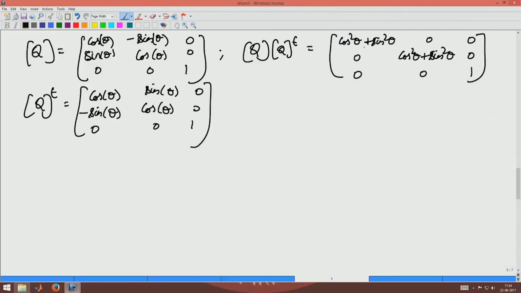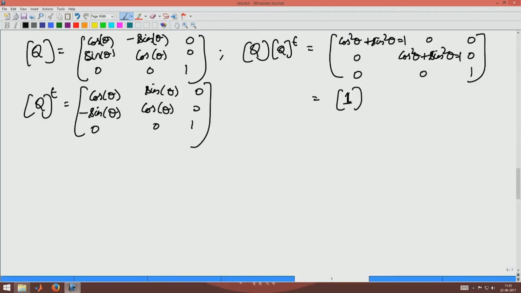From trigonometry you know that this is equal to 1, and hence it is an identity matrix. Okay. So, that is how it forms a transformation matrix.